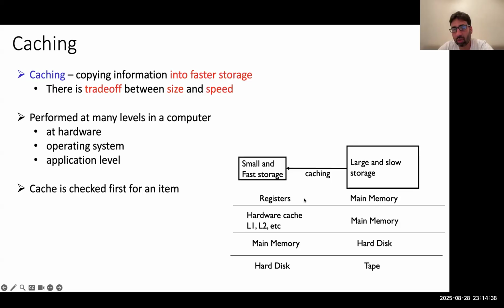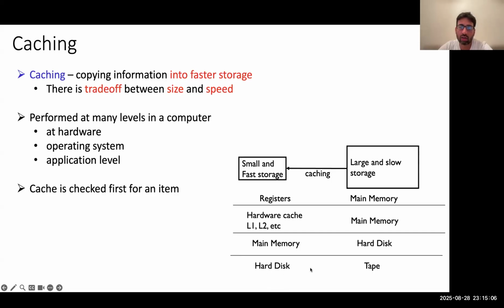So here you have main memory, and data is copied from main memory to registers, definitely through L1 and L2 caches. So registers are a cache for main memory. L1 and L2 are also a cache for main memory. Then main memory acts as a cache for the hard disk, and hard disk acts as a cache for tape, right?